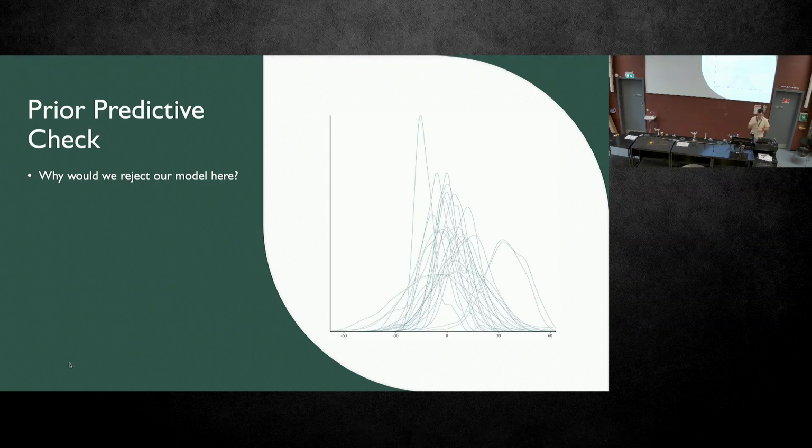Perfect. It's a brilliant question. The question was, we're rejecting our model here, but when we reject it, are we saying it's because of our choice of priors, because we've done a prior simulation, or is it because of the model that we've chosen for our outcome y?